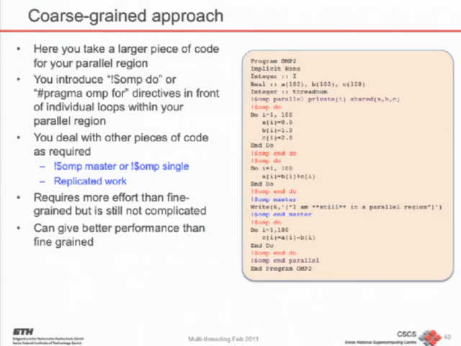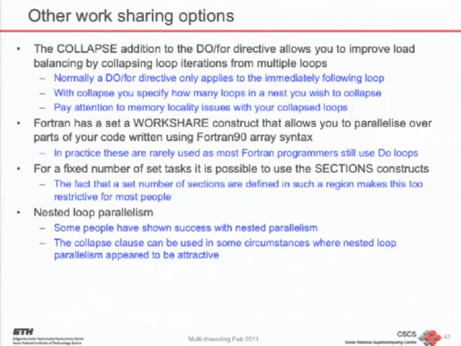Where we want to do something serially, we simply put in, in this case, master. It could be single. It's quite a bit more effort than fine-grained, because you have to look at a larger piece of code, but you can often do this bit by bit: do the fine-grained first and then move up to the more coarse-grained. It will typically give better performance.